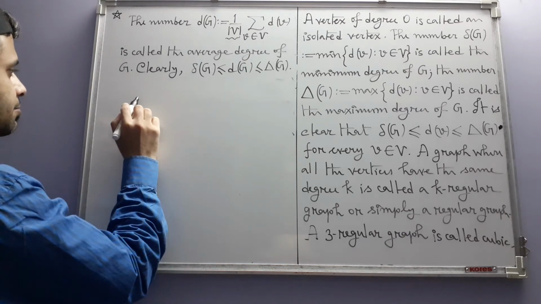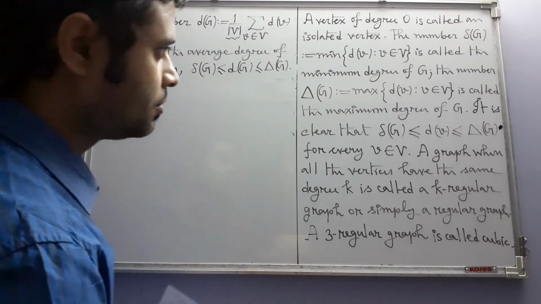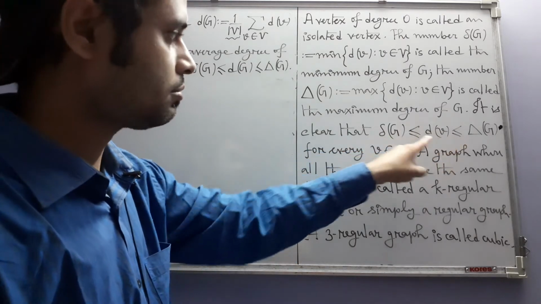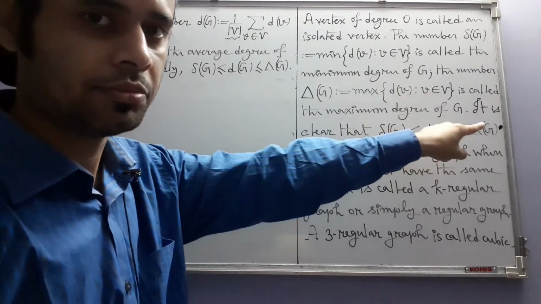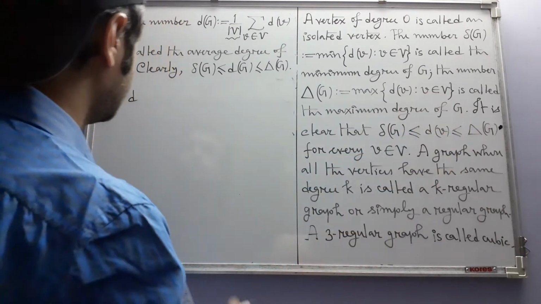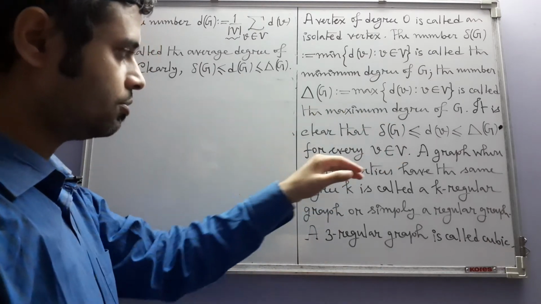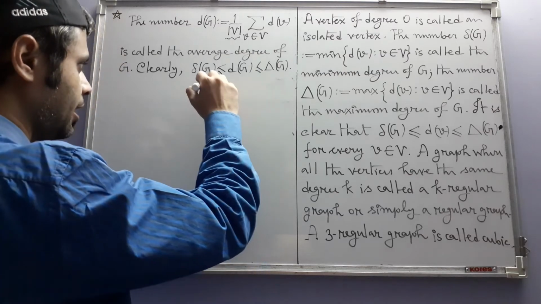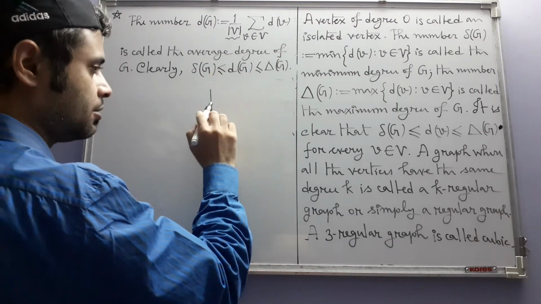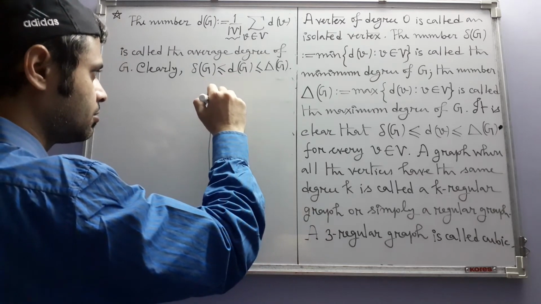Say you have this: the degree of every vertex is lying in between these two extreme values. Now this is true for every vertex. What you do is add all these inequalities. On the left hand side, how many vertices are there in the graph?